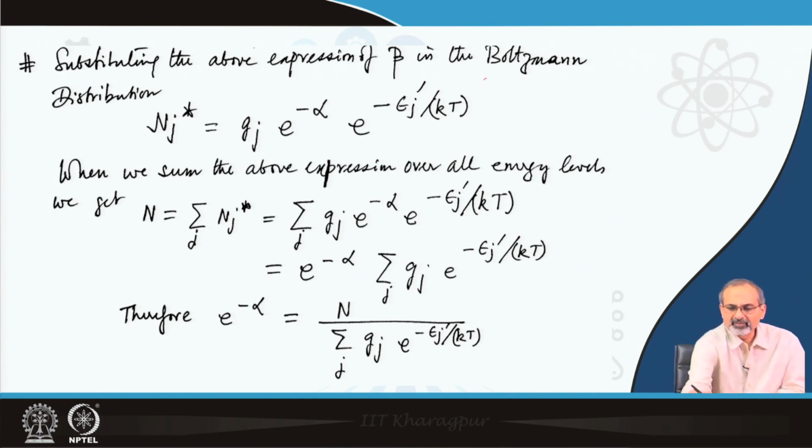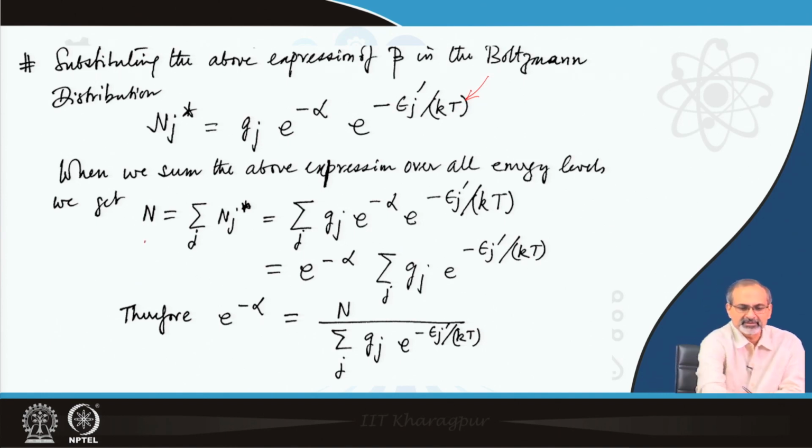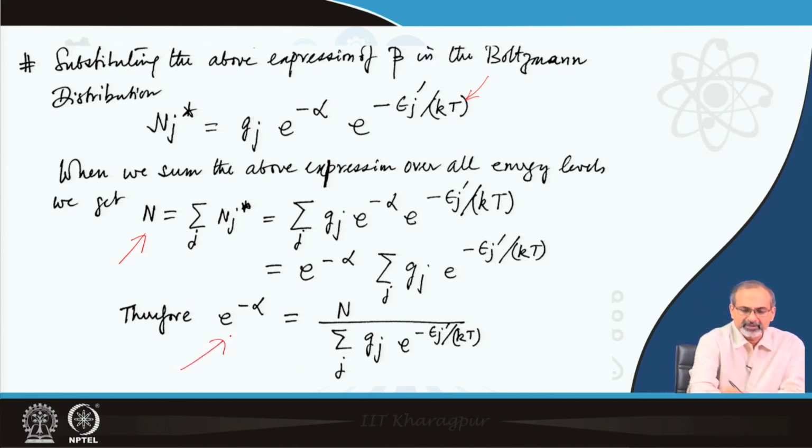If we substitute the beta value here, this is how Nj star looks, and when we sum the above expression over all the energy levels, obviously it should sum up to N, the total number of molecules available in the thermodynamic system. So, if you use this constraint, then you find a way to define alpha.